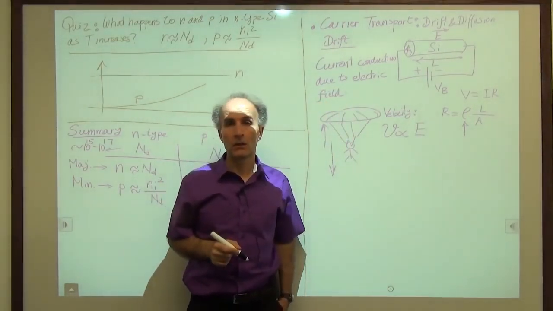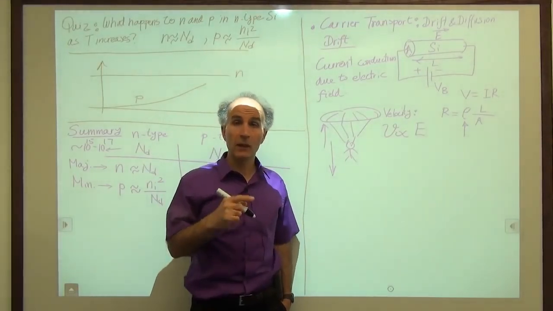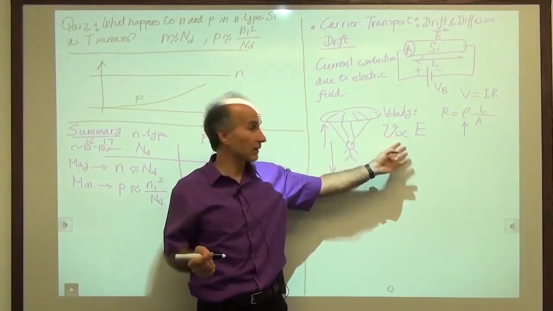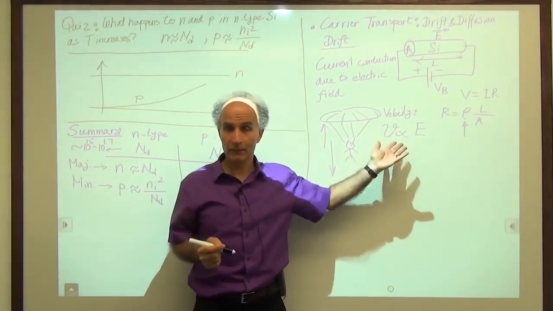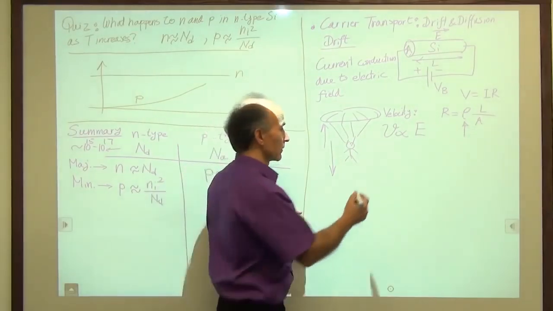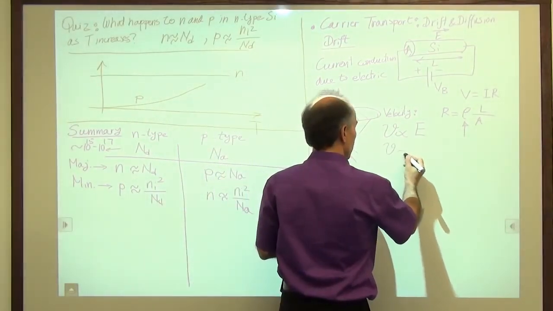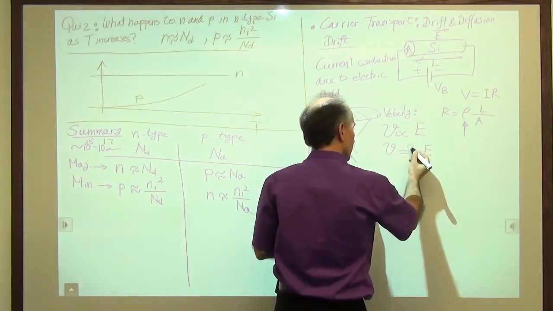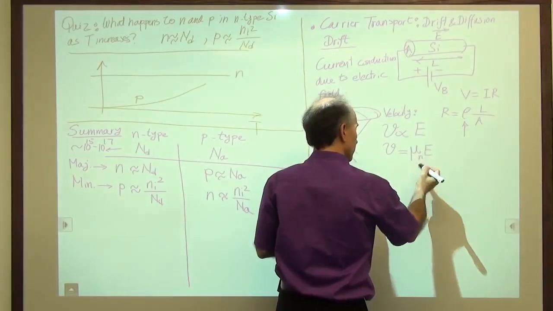Okay, so we cannot say V is equal to E because they have different dimensions. This is velocity, meters per second, this is electric field, so we can't make them equal. We need a proportionality factor. So we say V is equal to E times something, and that something is called mu n.